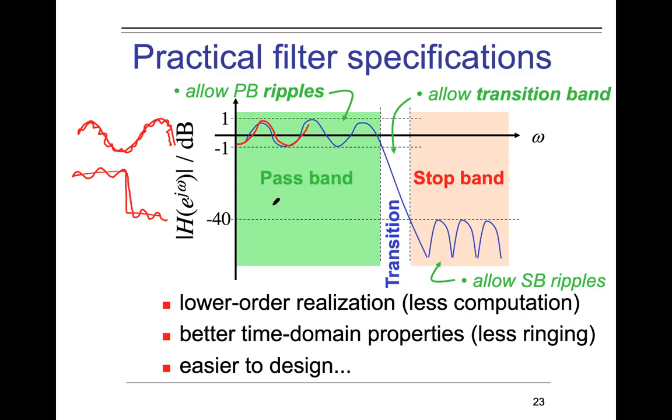Okay? So, in the ideal case, it was like this, an abrupt, instant change, but here we have a transition band. This is the pass band, this is the stop band, but there's a transition band.